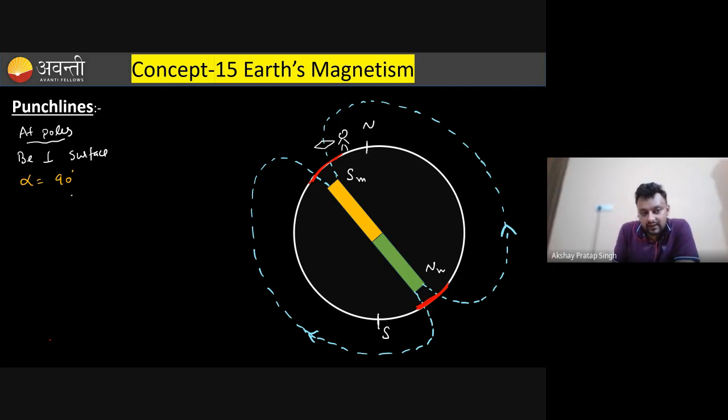Now, same thing if I say angle of dip is 90 degree. So at this position or at poles, horizontal component will be what? Can anyone answer? What will be the horizontal component of Earth's magnetic field?